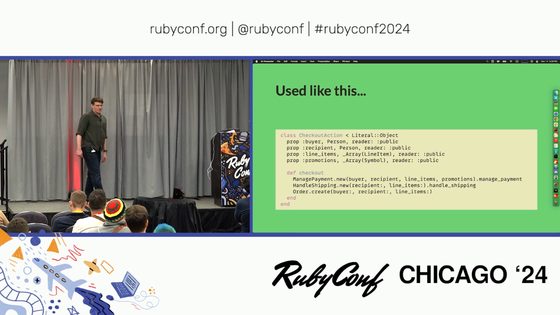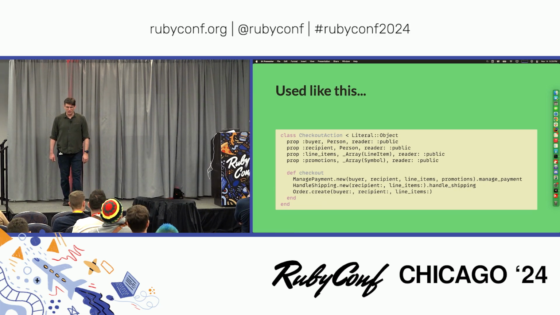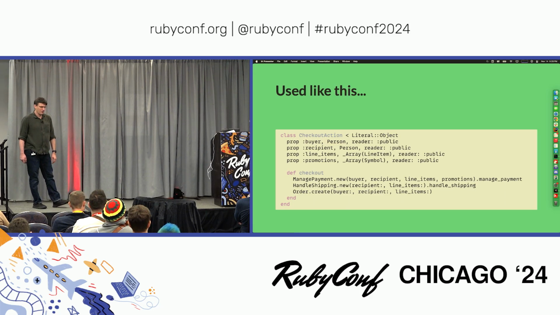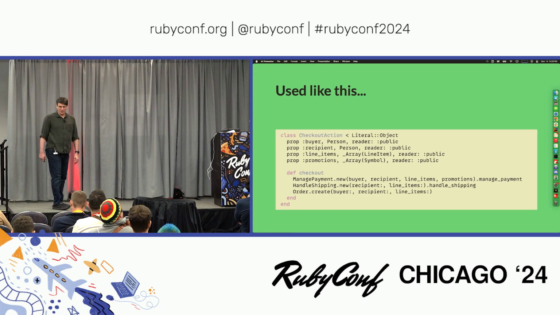Without knowing what Literal does, since I assume nobody here has used it because it just came out, what does it look like this is doing? If you saw this in a PR, what would your instinct be that it's doing?